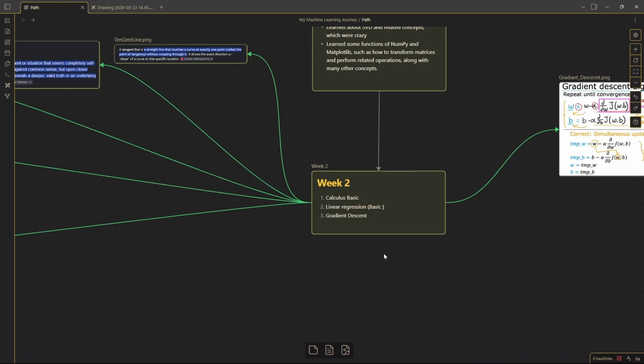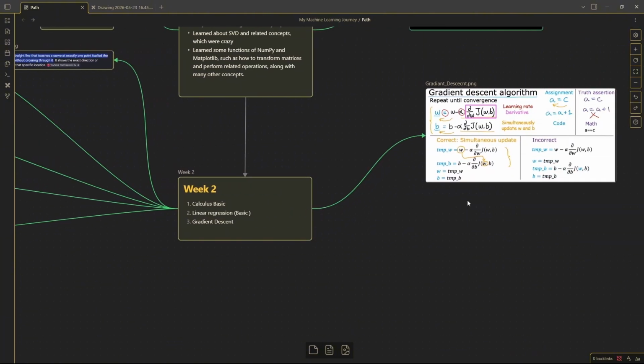And gradient descent is nothing but a tool to help you find the optimal slope and constant for a straight line in linear regression.